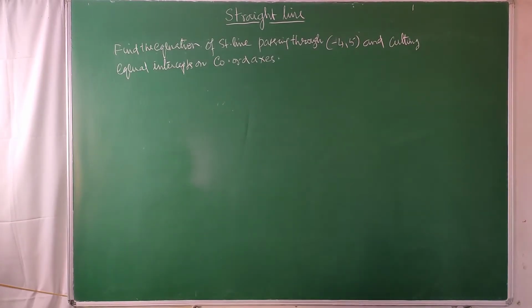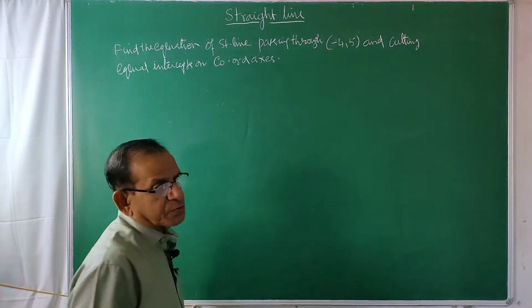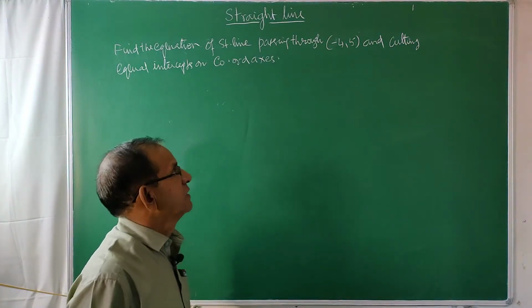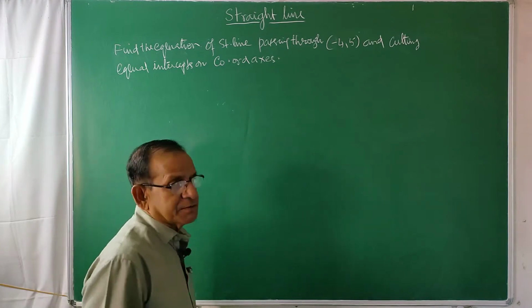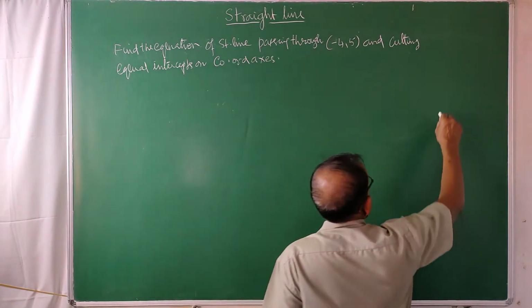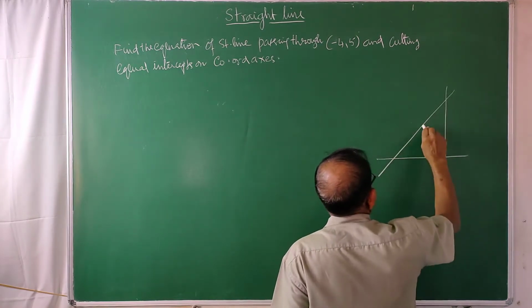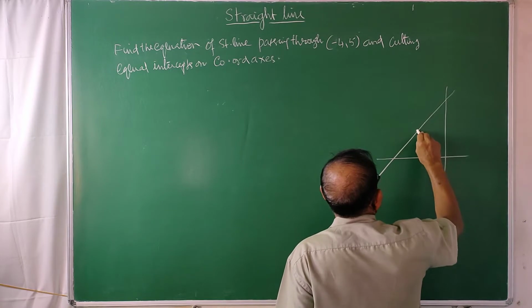Now, see this question. Find the equation of the straight line passing through the point (minus 4, 5) and cutting equal intercepts on coordinate axis. Now, it will be like this. Somewhere it is (minus 4, 5).